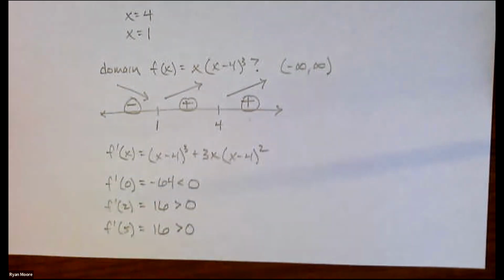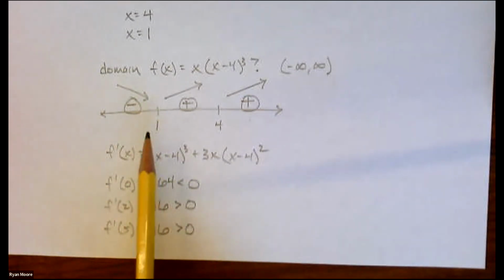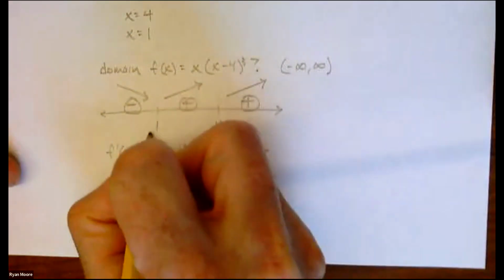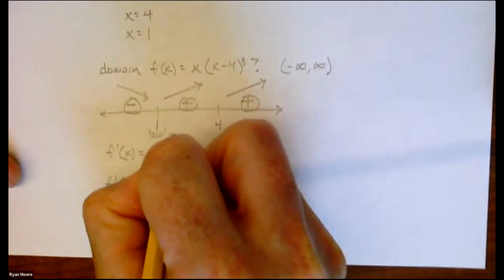Now here, we're not worried about increasing and decreasing, although we just found it. We're worried about local maxes and mins. So let's look now at our chart. Notice the only place it switched was at 1. It's going down, then it's going up. This is a local min.